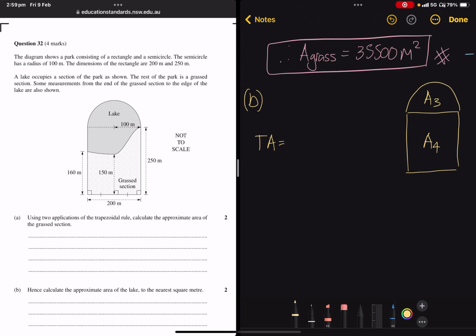Well, A3 is half of a circle. Its radius is 100. The area of a circle is pi times radius squared. So this is going to be pi times 100 squared divided by 2, because it's just half. The area of the rectangle will be its base times its height, which is 200 times 250.